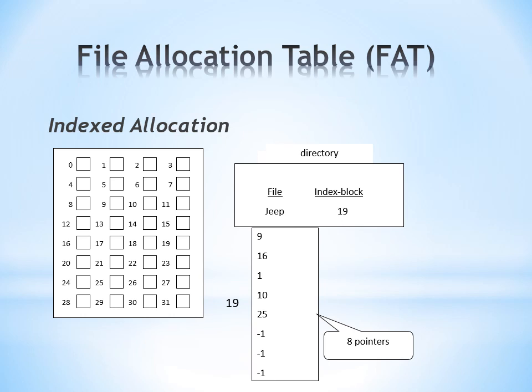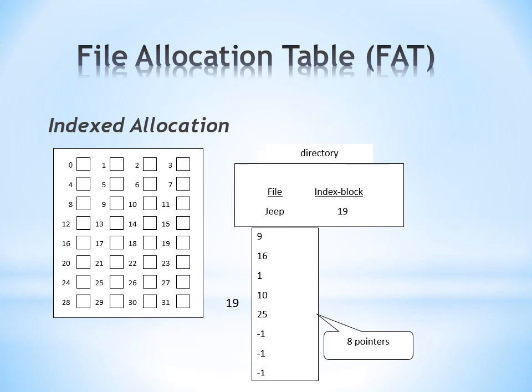This index allocation method contains the file and also the index block. The index block shows the start of the index blocks, followed by the pointers.